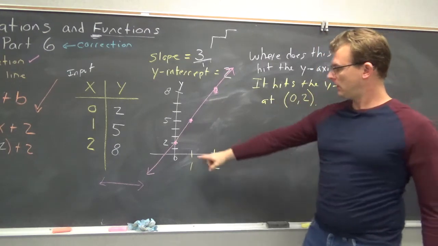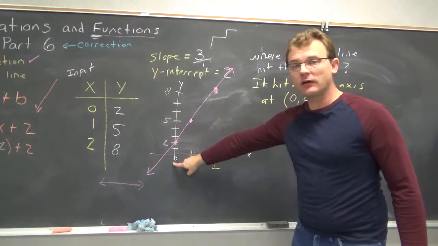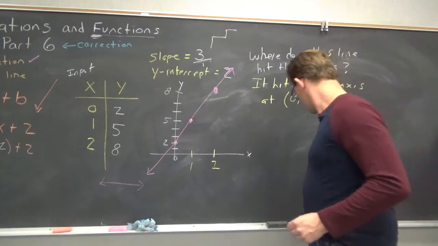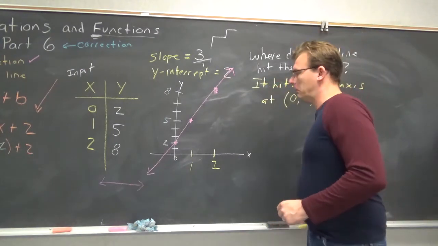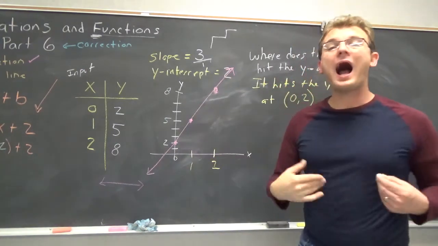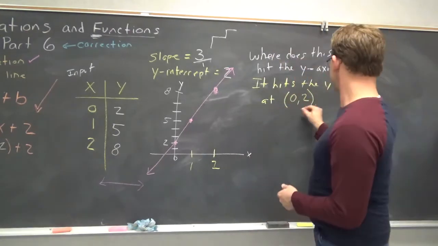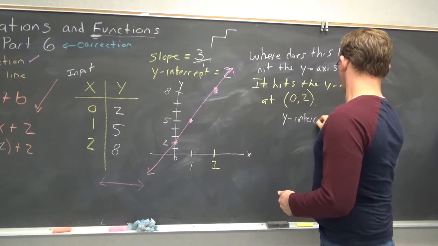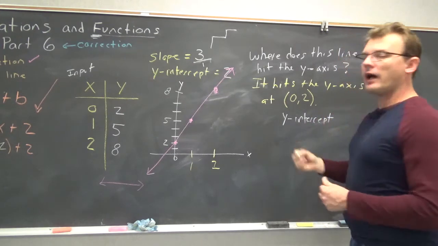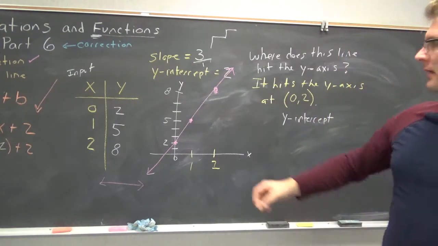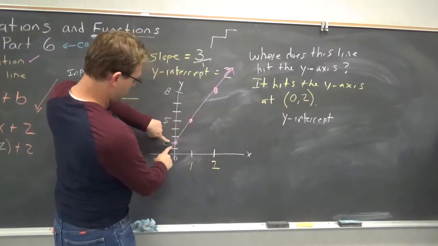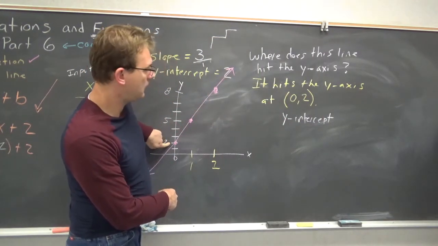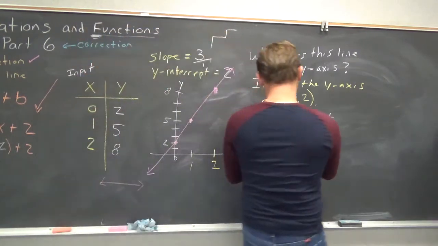Remember, it hits at 0, 2. So that's what we call the y-intercept, because it hit here.